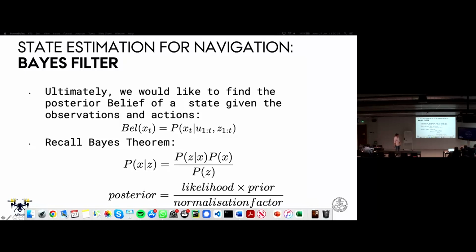So you can recall Bayes' theorem, very basic. If you've done statistics or probability, even at high school level, you should be familiar with this.